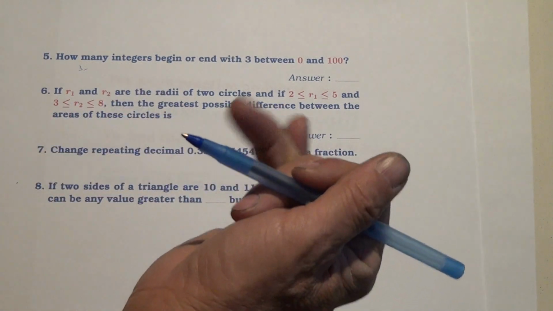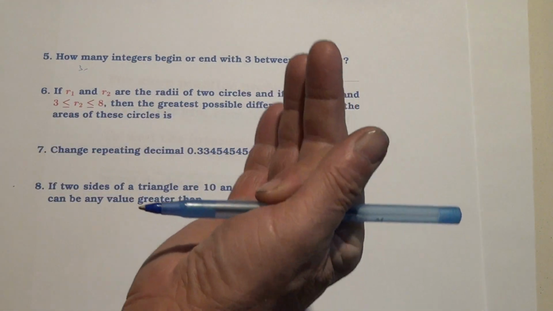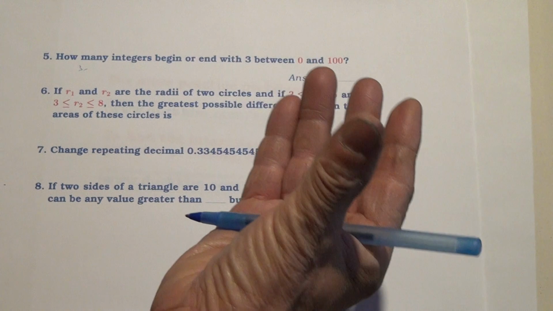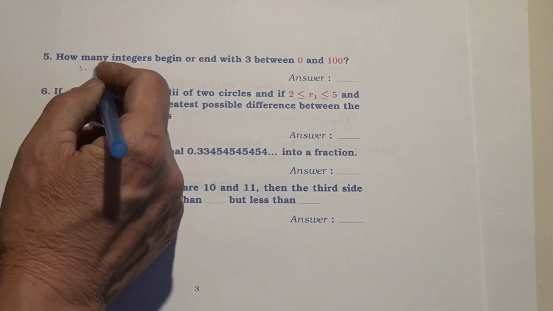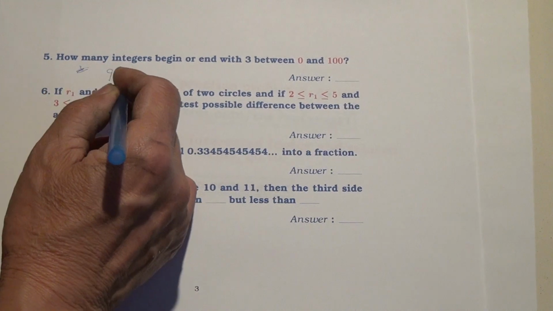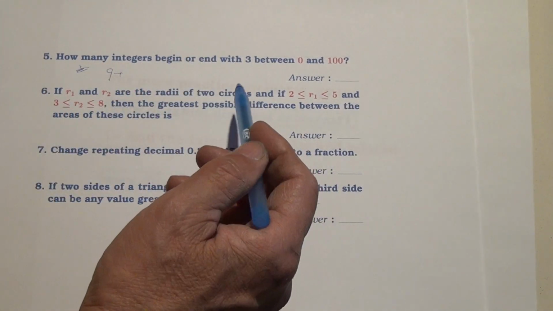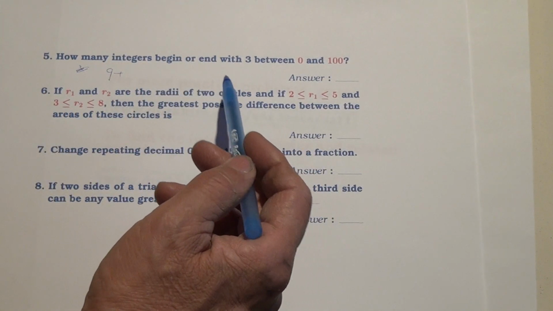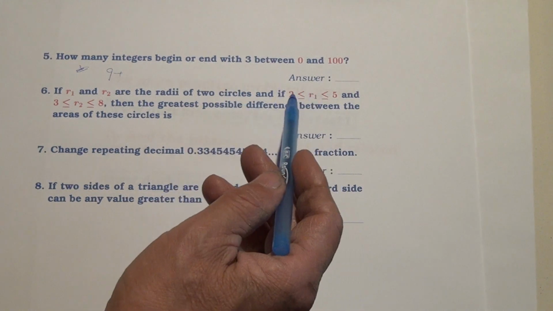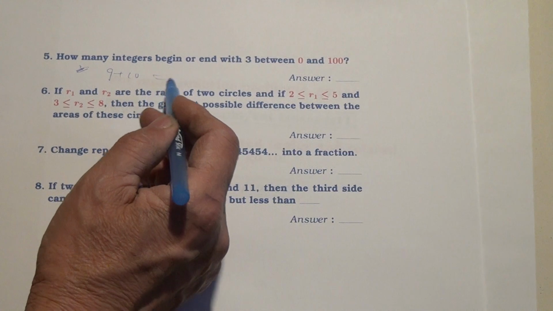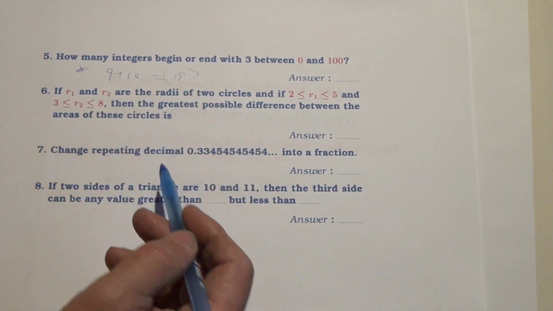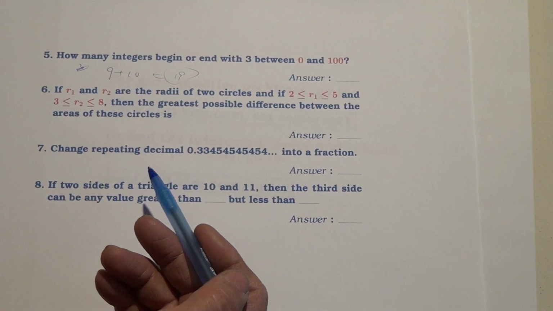So 3, 13, 23, 43, 53, 63, 73, 83, 93, so 9 numbers. And then the 30s, 30 through 39, you have 10 of them. Okay? So the answer will be 19 numbers that begin or end with 3.